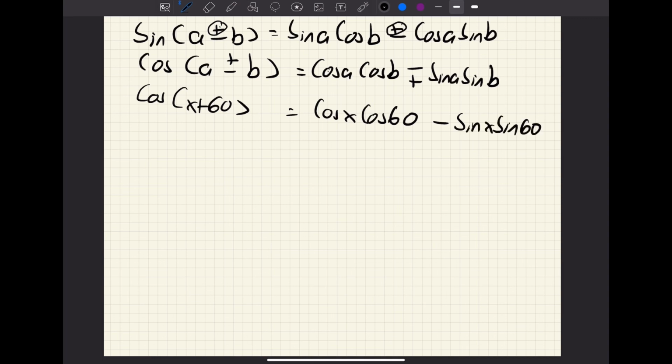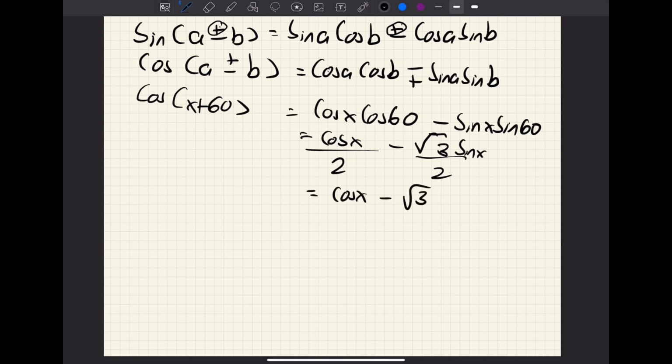Cos 60 was 1 over 2, so cos x over 2, minus, remember, minus, and this was under root 3 by 2. You can join them together, so cos x minus under root 3 sine x over 2, same thing as saying this.